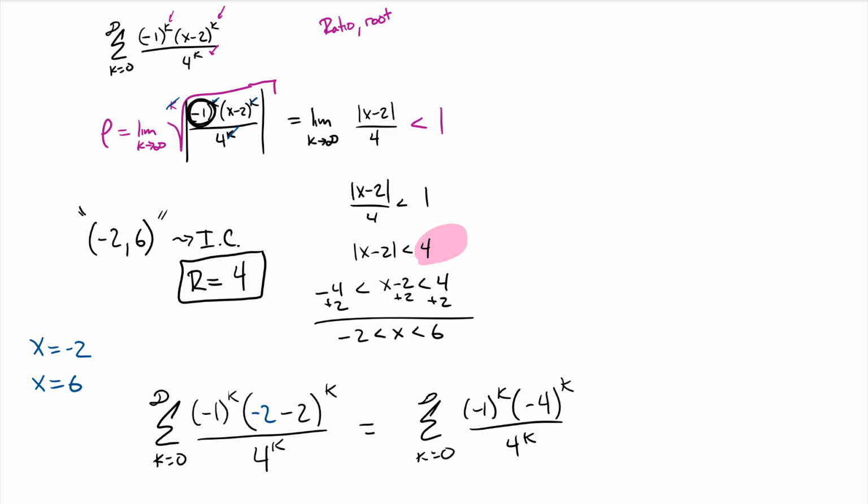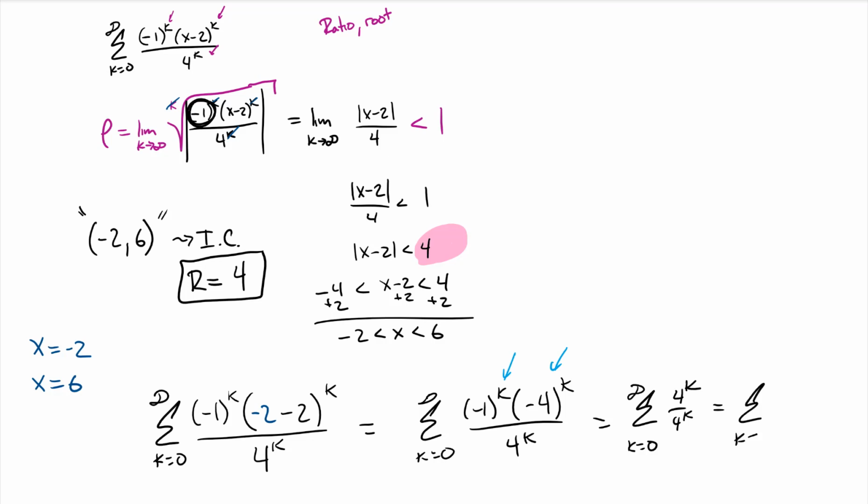Well, we can ignore that negative since these are both negative values. So say if k was equal to 1, you'd have -1 times -4. That's going to be positive. This is always positive. We could actually just run it over here. This is 4 to the k over 4 to the k. Sorry, they're both 4 to the k.